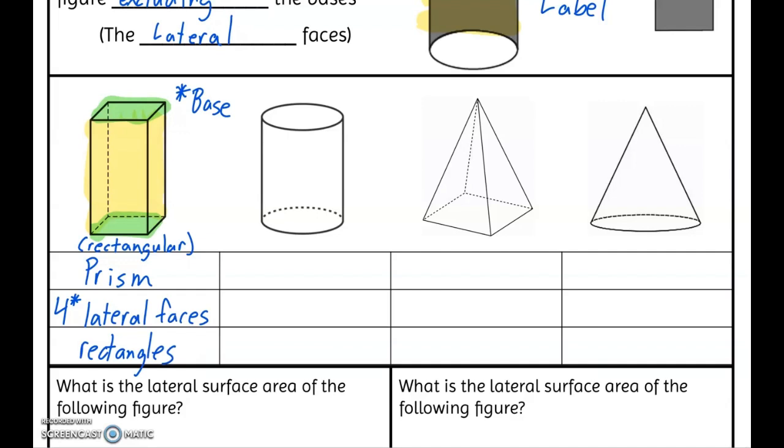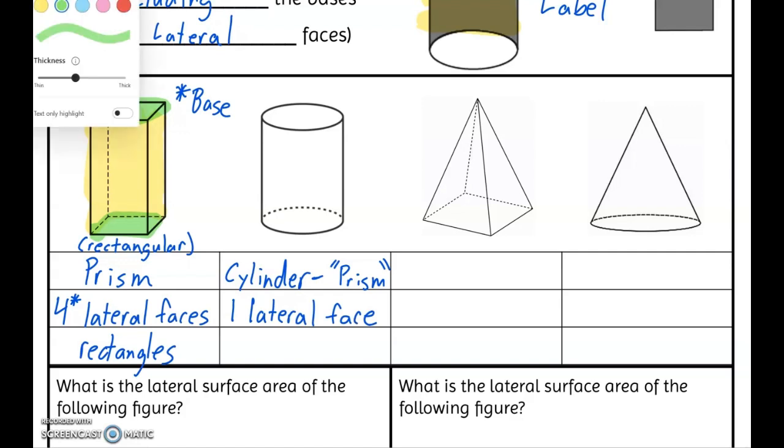Okay, so now let's move on to the next one. This next one is a cylinder. Well, a cylinder is a special type of prism. Now, it only has one lateral face. That lateral face is where my soup can label would go. So it's all of this area right here, front and back.